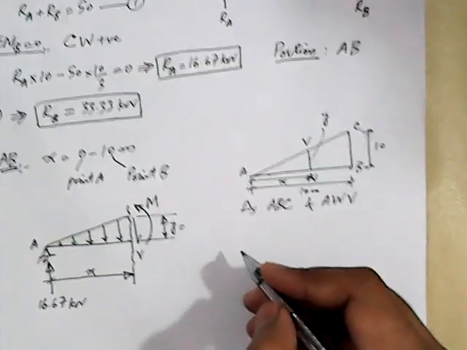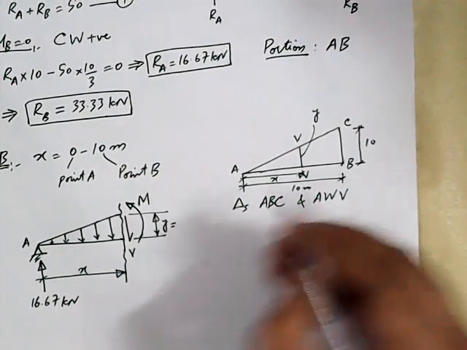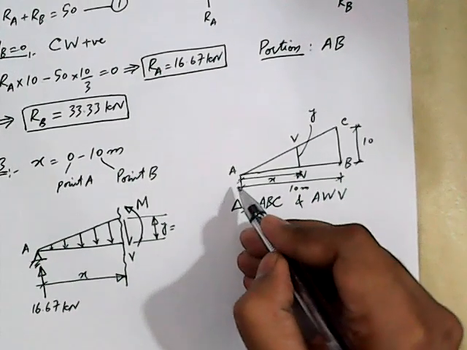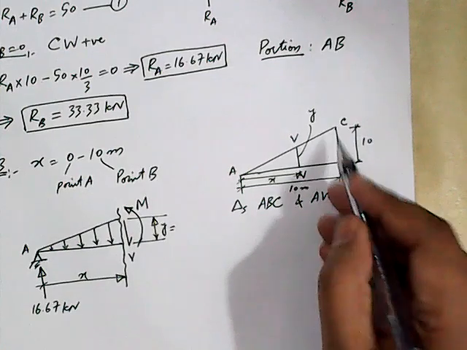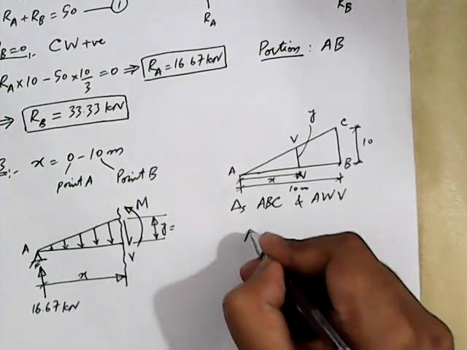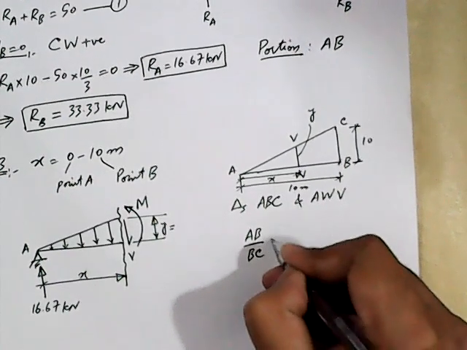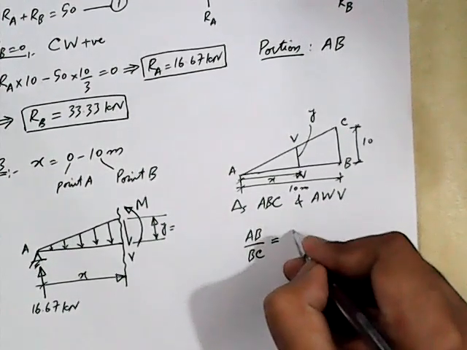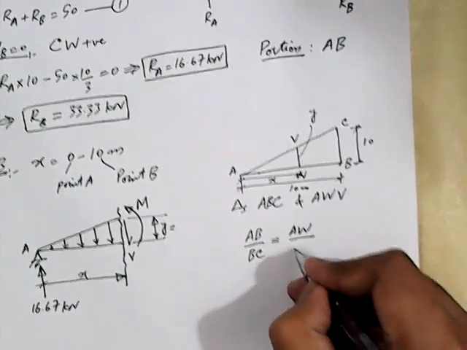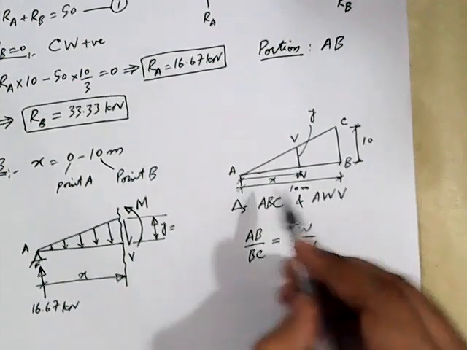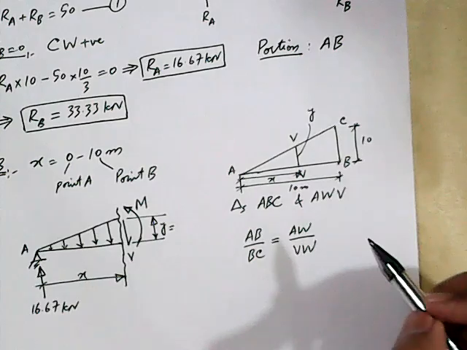So from similar triangle concept, the ratio of base of this triangle and perpendicular, AB over BC should be equal to AW over VW.